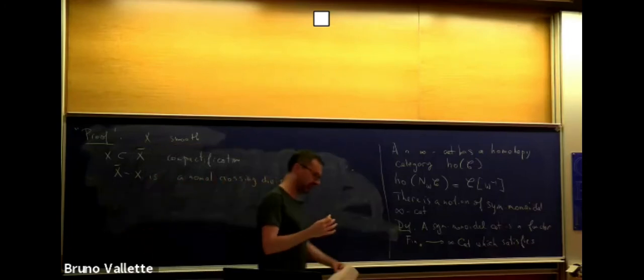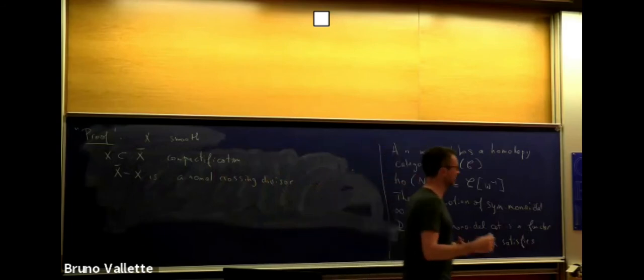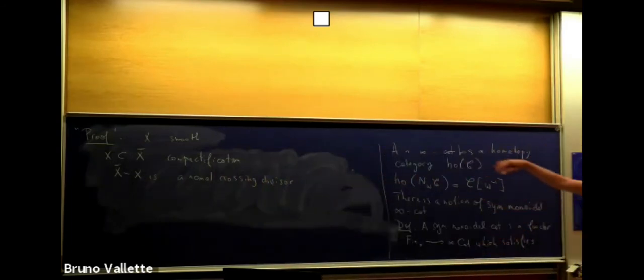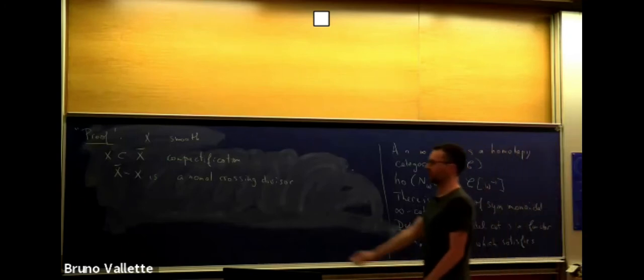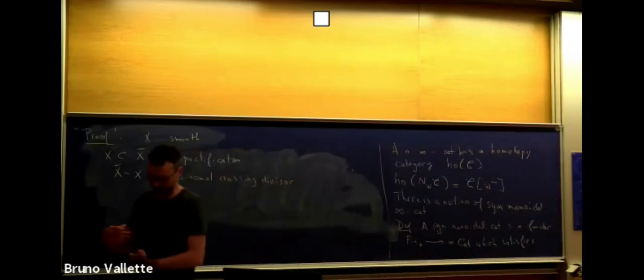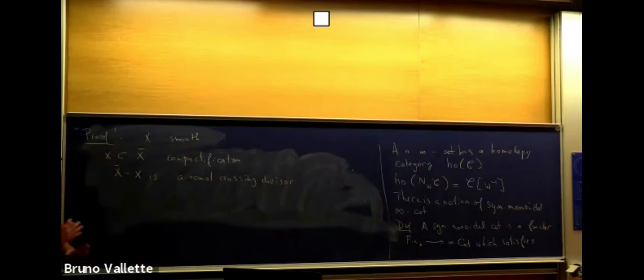Divisor you should think of as a codimension one subvariety, and normal crossing means locally it looks like the coordinate hyperplanes in C^n.